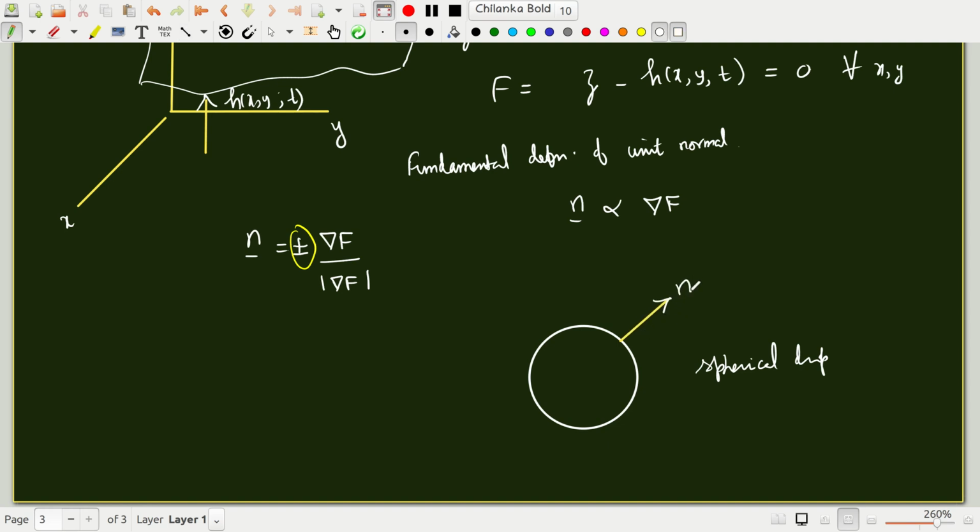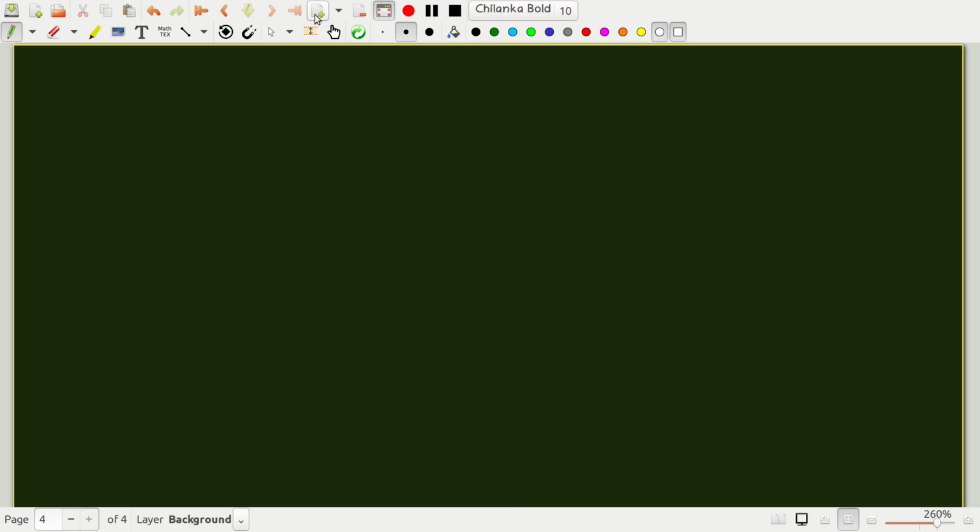It's called the unit outward normal because it's pointing outside the drop. For closed interfaces there may be an obvious choice, but for open interfaces it may not be that obvious. So you have to just choose something and stick to that.